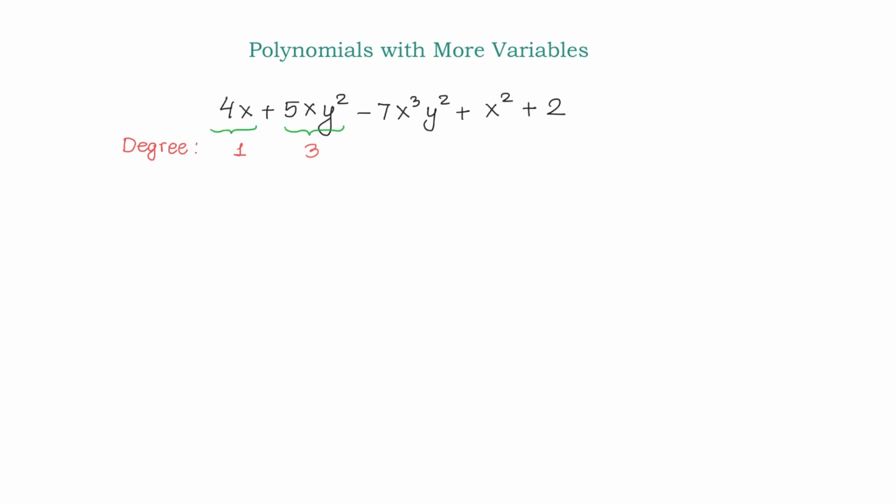In the next term, 3 plus 2 is 5. Therefore, the degree of this term is 5. Then the degree of the next term is 2, and a constant, just like we saw before, has the degree 0. And now the degree of the polynomial is the largest degree we see in the terms.